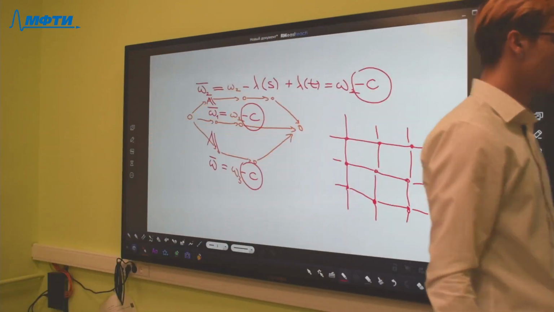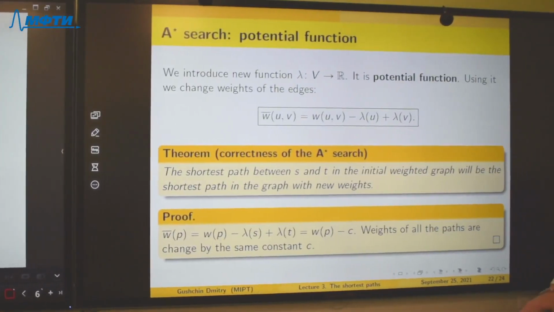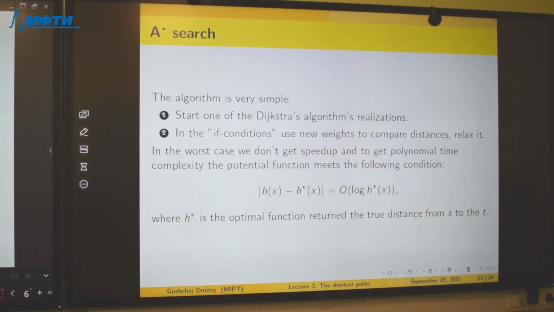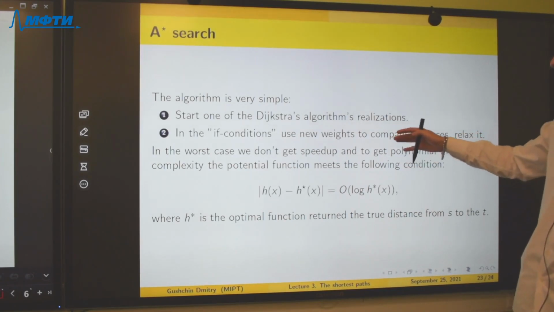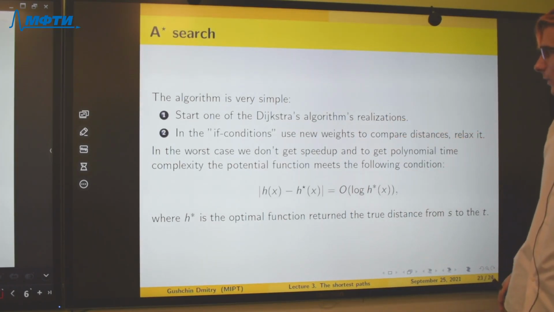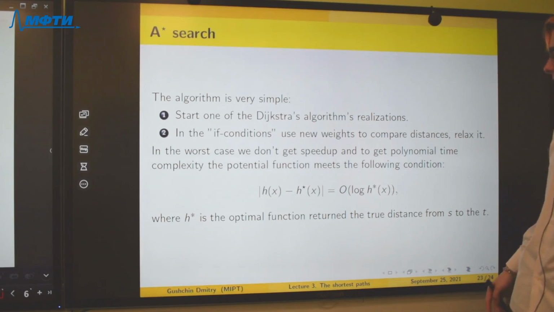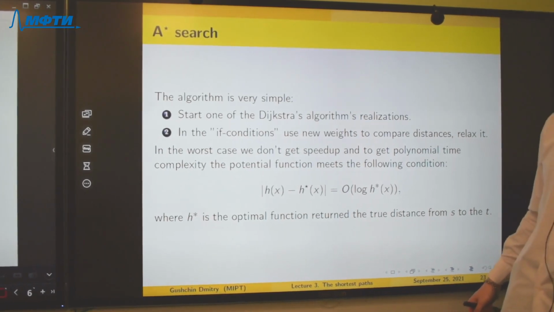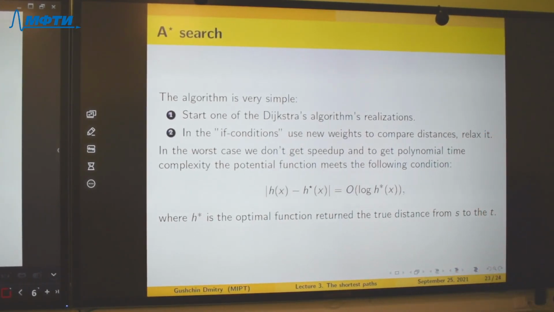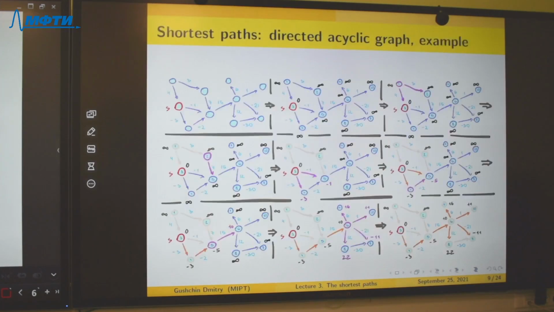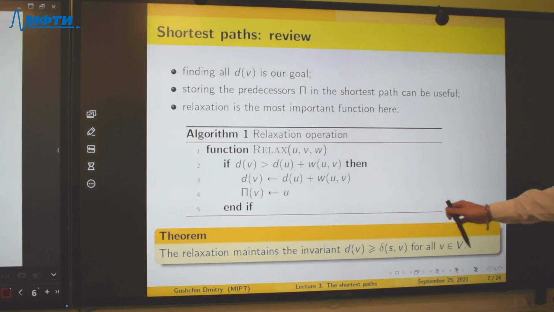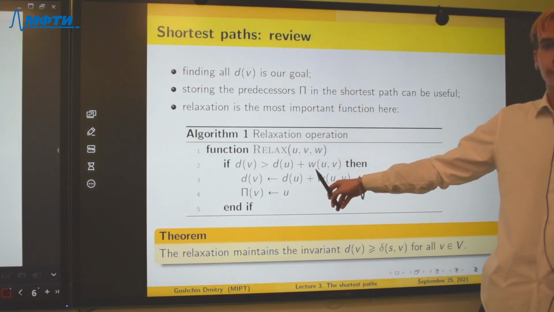So, A star search will be equal to Dijkstra's algorithm when you use weight comparison. We can see it in the relax operation, where we use weight.